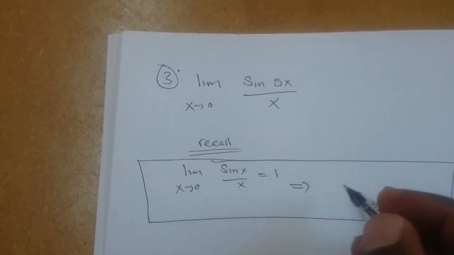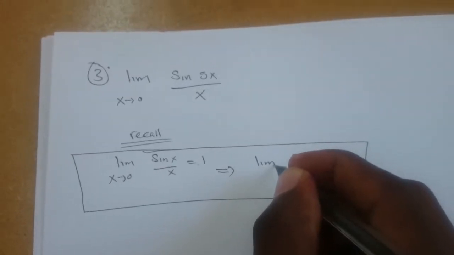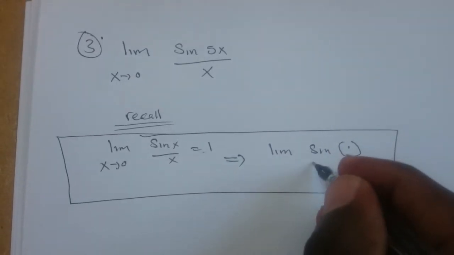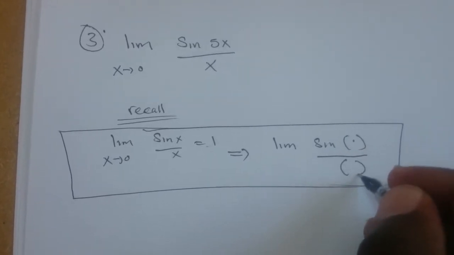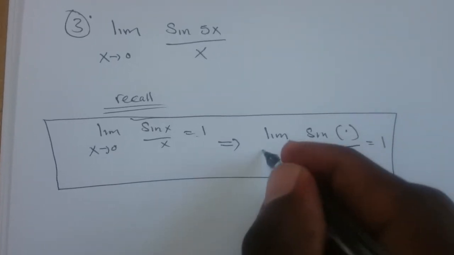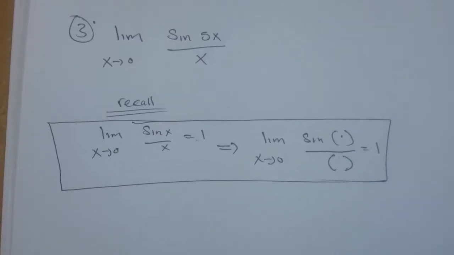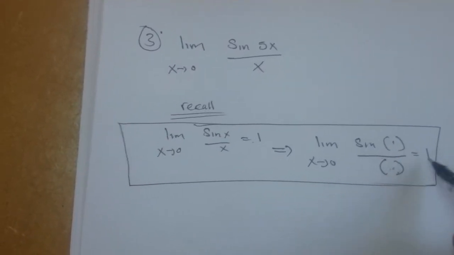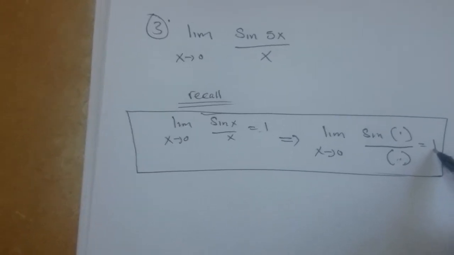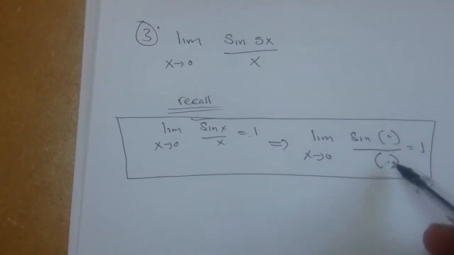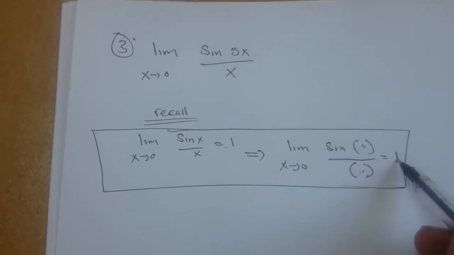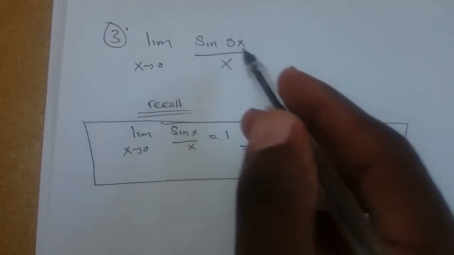This implies that if you have a limit of sine something over something, we are going to get 1 as x is approaching 0. If the something here is equal to the something there, we should get 1.